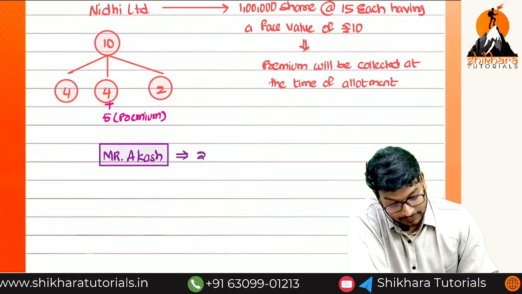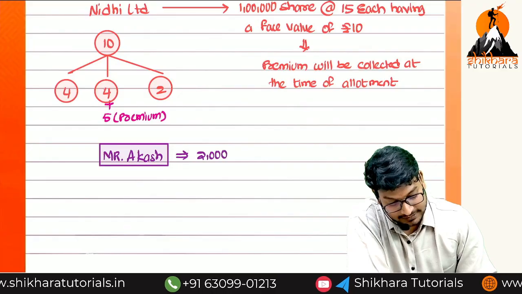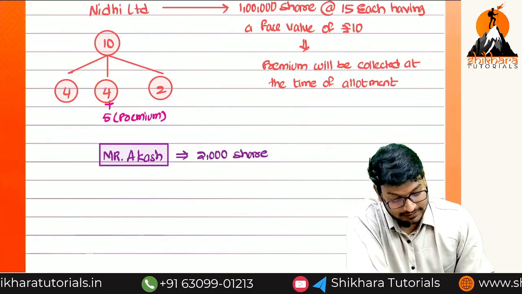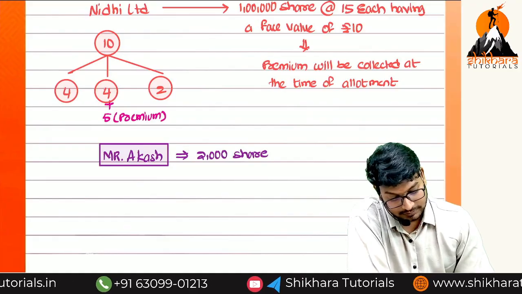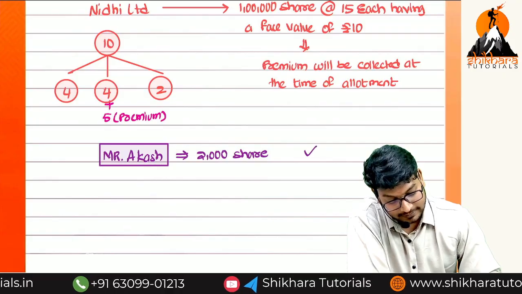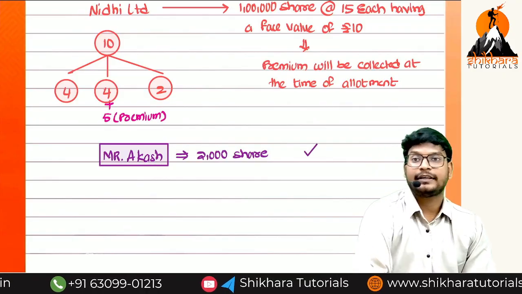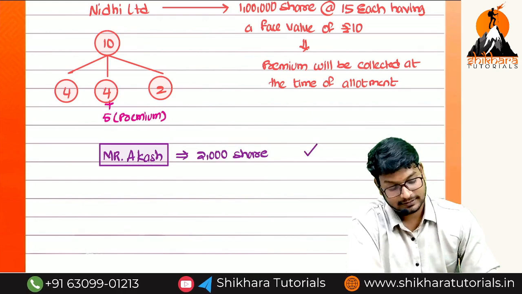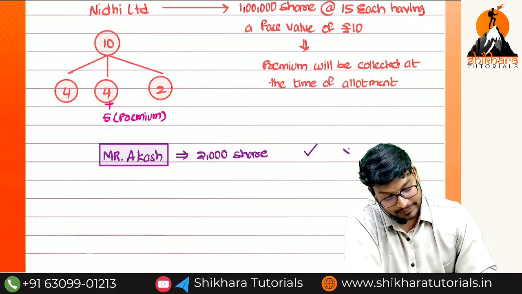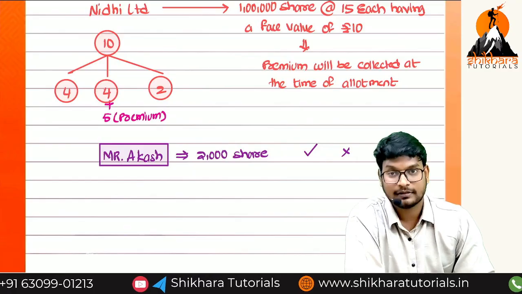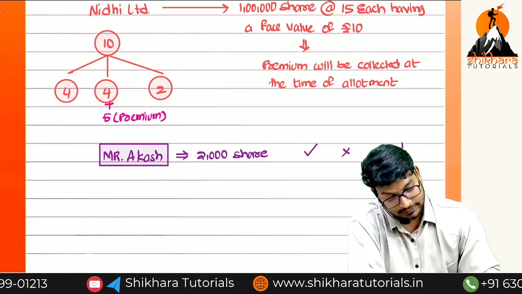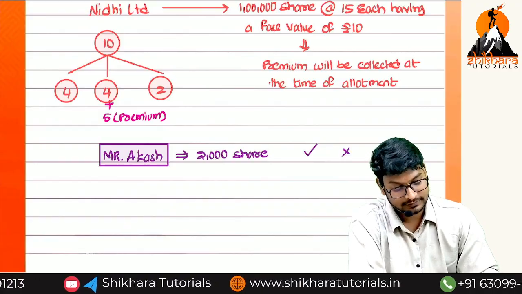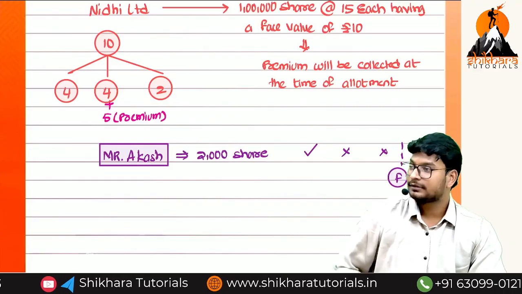He is holding 2000 shares. He has paid the application money, but he has not paid the allotment and the final call also. And then we will do the forfeiture. So this is the concept.